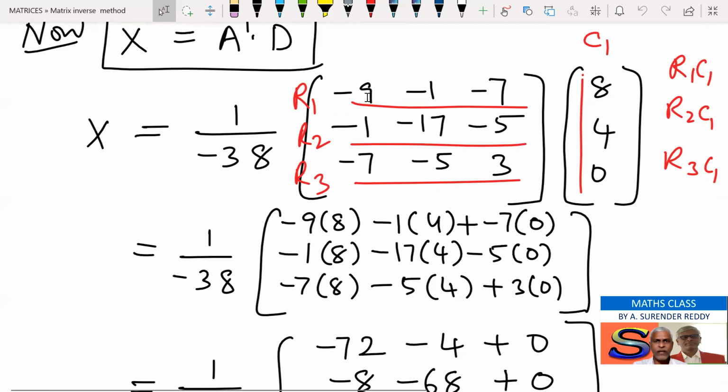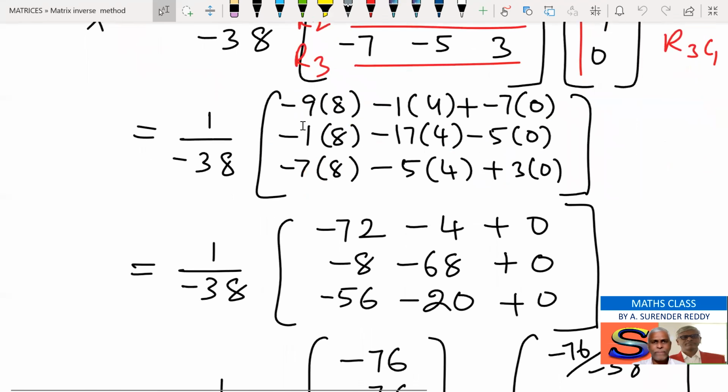First take the 3 numbers of R1 and the 3 numbers of C1: first number into first number, second into second, third into third. Then take the 3 numbers of the second row and multiply in a similar way, and take the 3 numbers of the third row and multiply with the 3 numbers of C1.